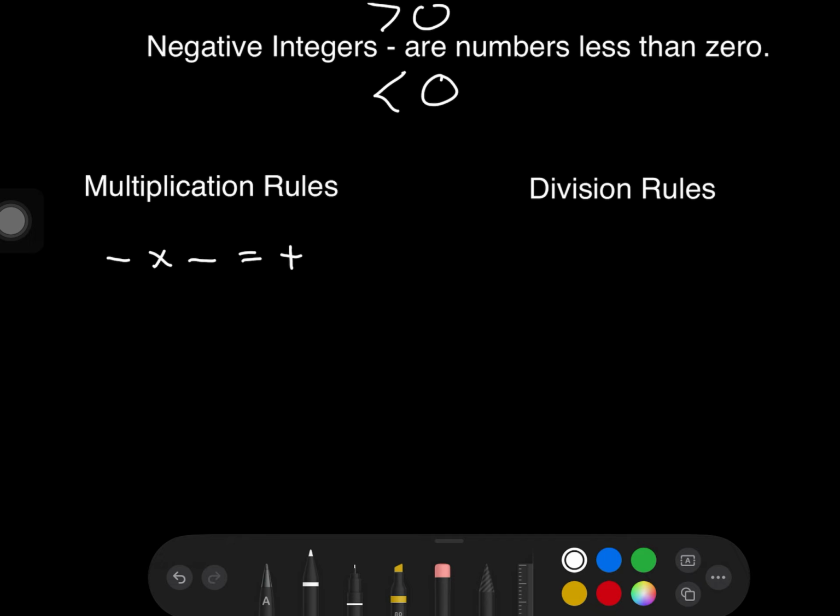Positive times positive is equal to positive. Then positive times negative is equal to negative, or negative times positive is equal to negative.